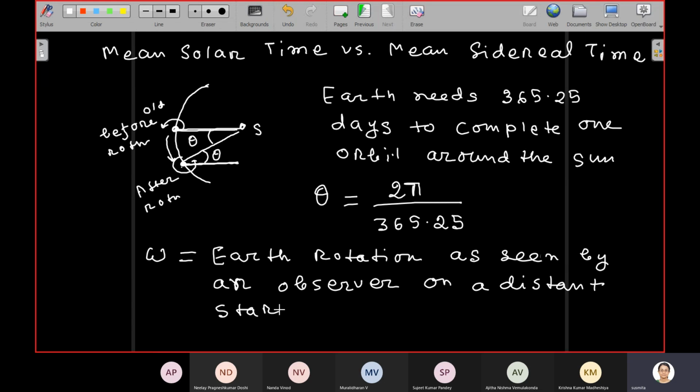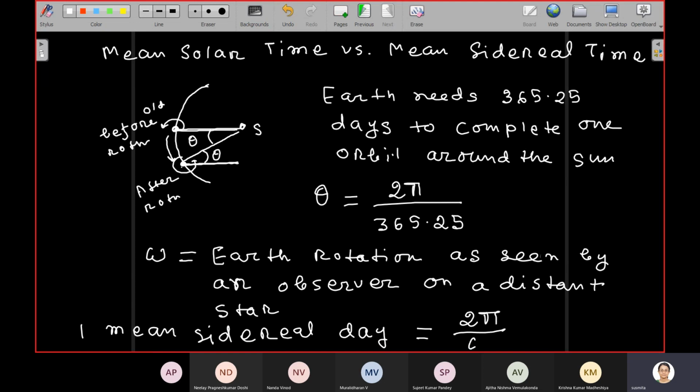This is the earth rotation rate omega. So one mean sidereal day is 2 pi by omega. This is the time period, right? So this much time the earth requires to complete one rotation about its spin axis as seen by an observer in an inertial space. And omega is the mean average.